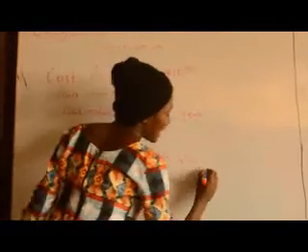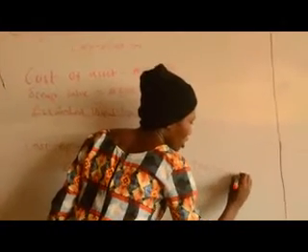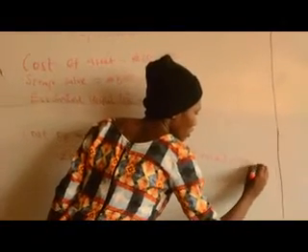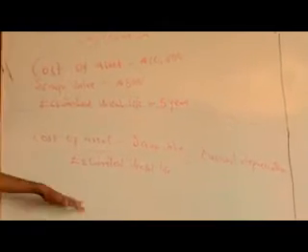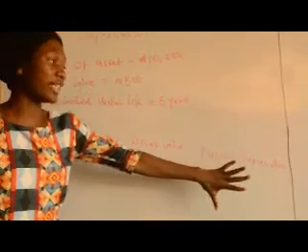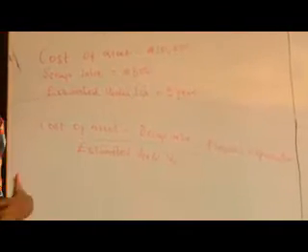This will give us our annual depreciation. Like I said, in straight line method, we are charging the same amount. So when we do this, we'll be using the answer we get here and charging it as depreciation for every year.